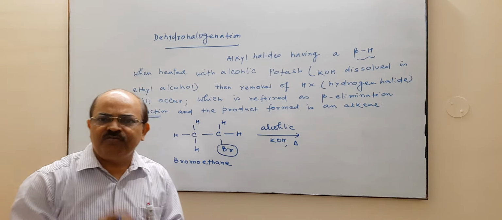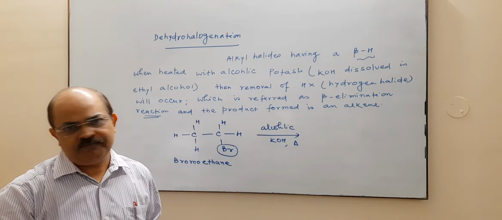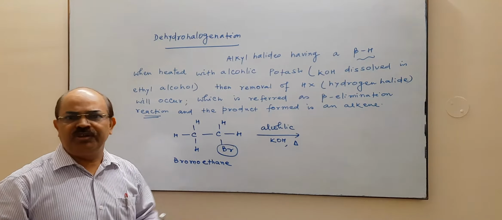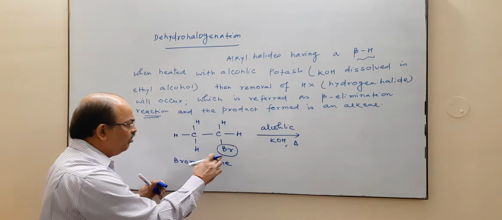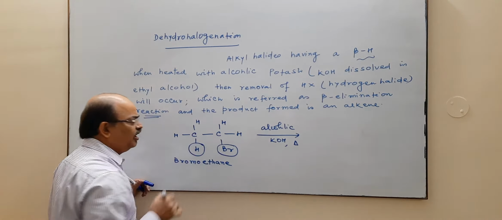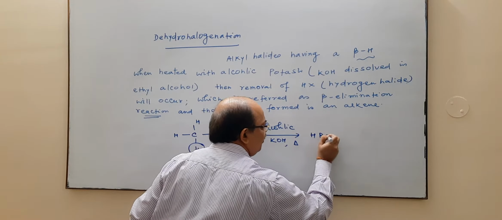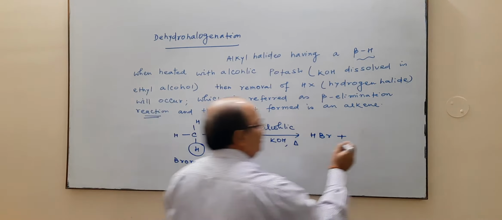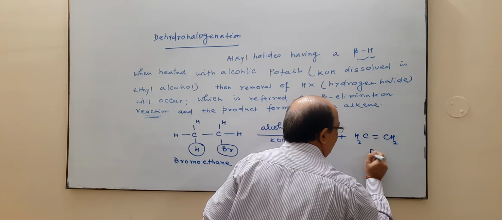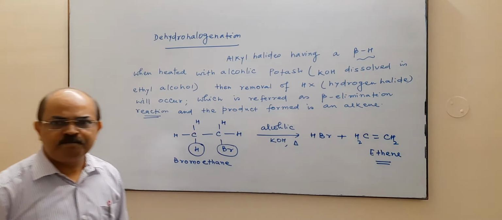Alcoholic KOH means we dissolve KOH in ethyl alcohol. So what happens in this case? Bromine is eliminated from this carbon, while hydrogen is eliminated from this carbon. So we have removal of HBr, and then the product is CH2=CH2, that is called ethene.